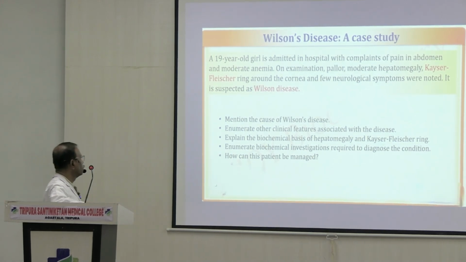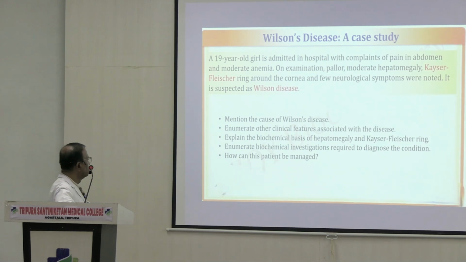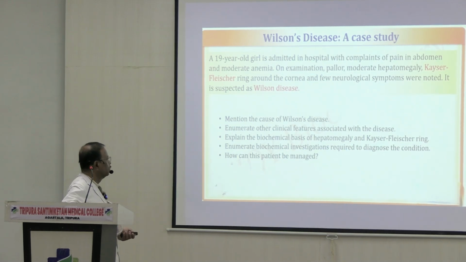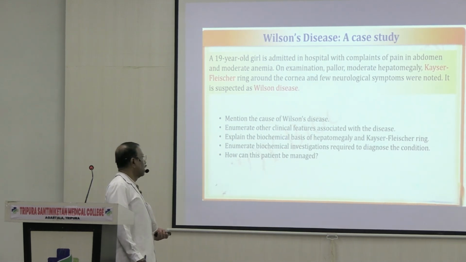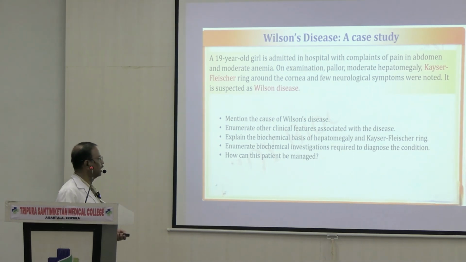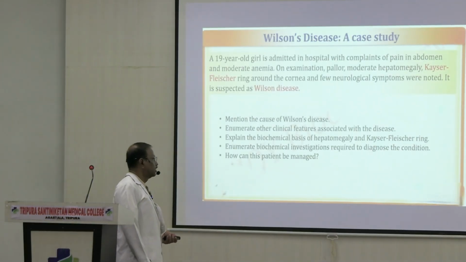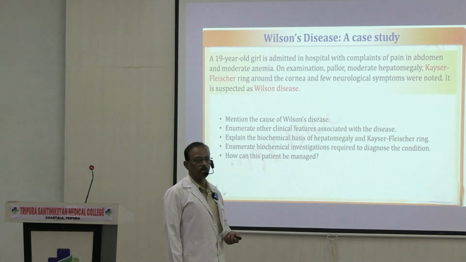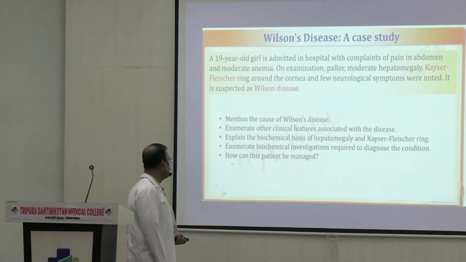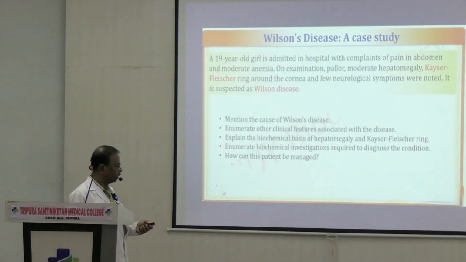Mention the cause of Wilson's disease, enumerate other clinical features associated with the disease, explain the biochemical basis of hepatomegaly and Kaiser-Fleischer ring, enumerate biochemical investigations required to diagnose the condition. How can this patient be managed?